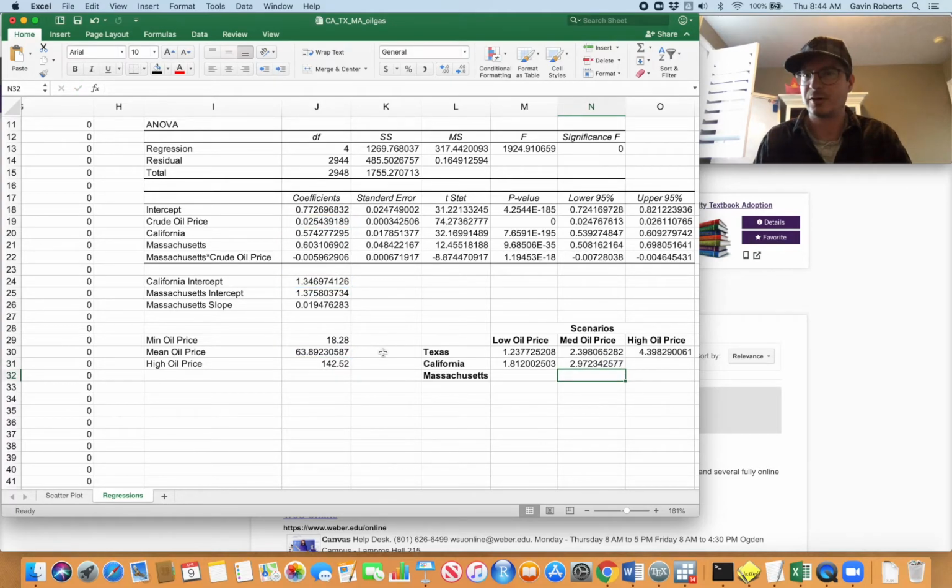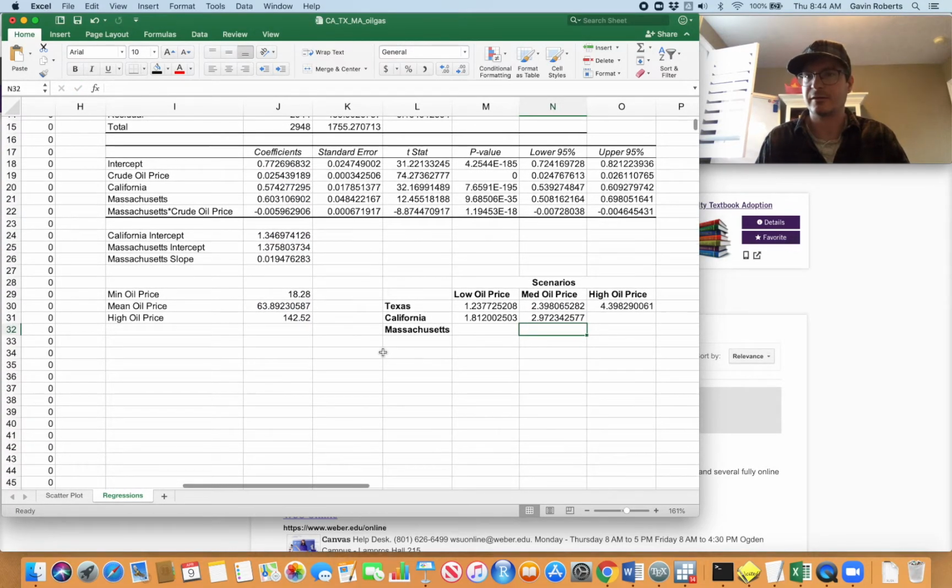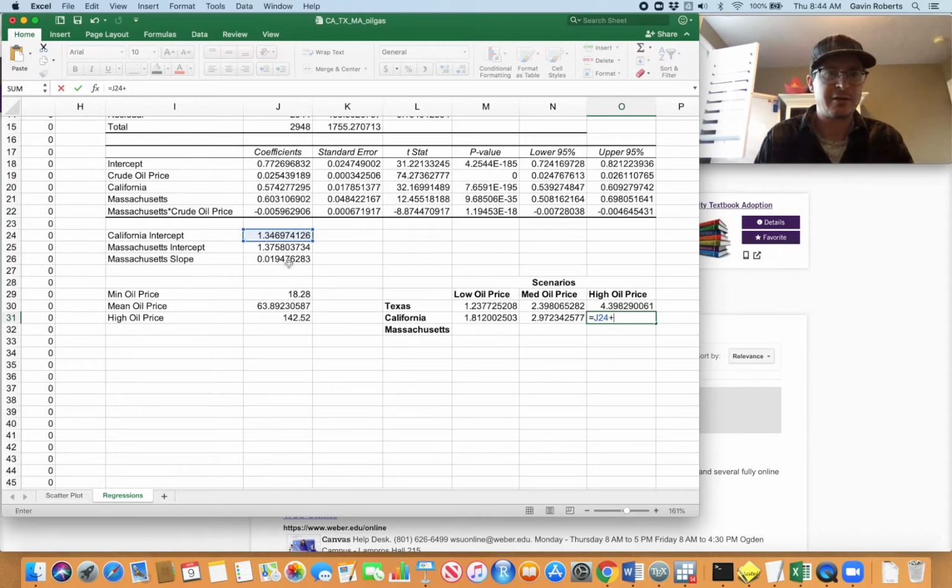It doesn't matter what order I multiply those in because multiplication order doesn't matter, right? You'd have to be careful if we were doing division or subtraction or something like that, but in this case it's okay. Now this one's going to be equal to California intercept plus slope times high price.